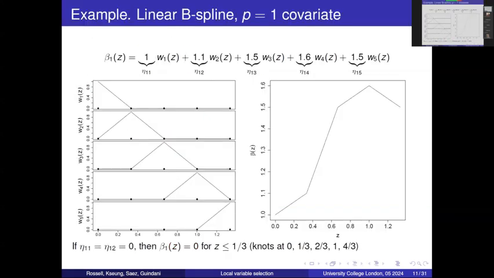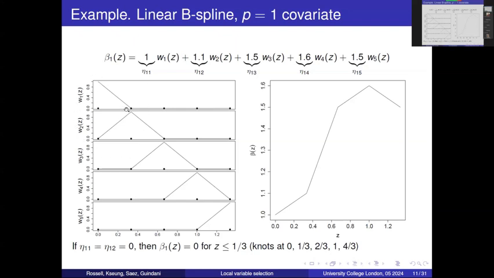Okay. Again, if you've never seen these things, let me show you the introductory slide I give to students when I'm teaching these things. So here's an example where beta 1 of Z, shown here, is obtained by adding 5 W's, with the weights given to each of these W's being these coefficients, the etas, so the model parameters.